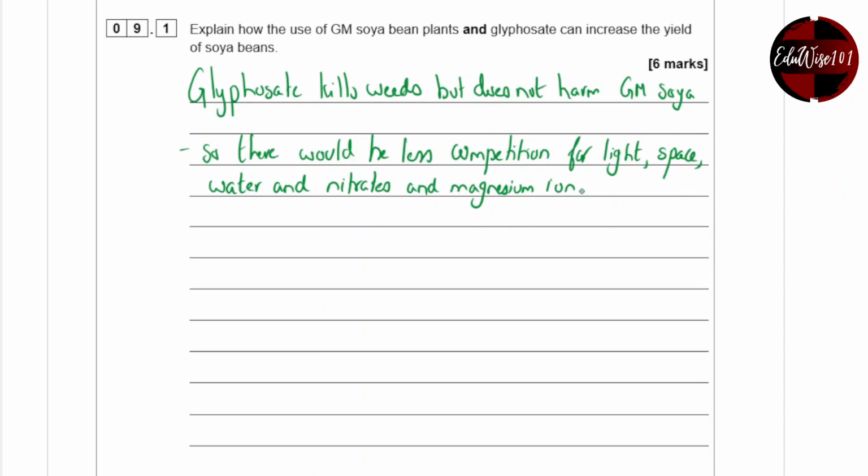Right? Nitrates and magnesium are the two main things that plants actually use.